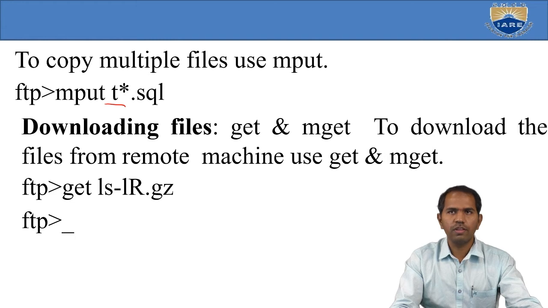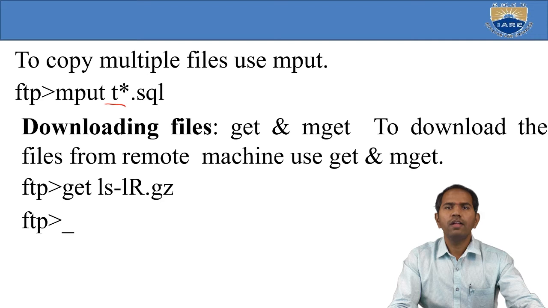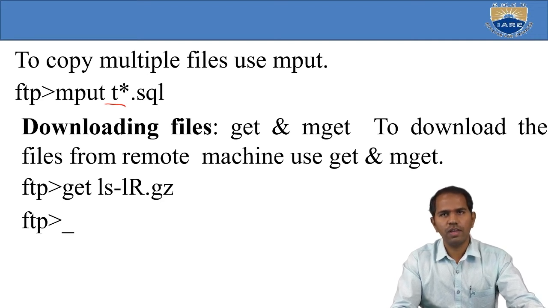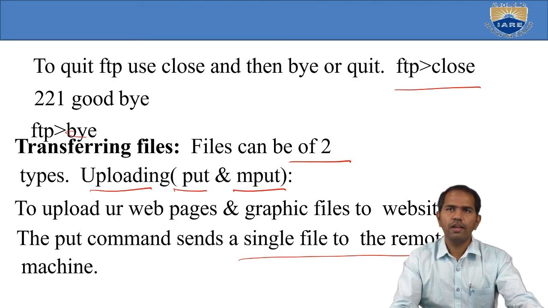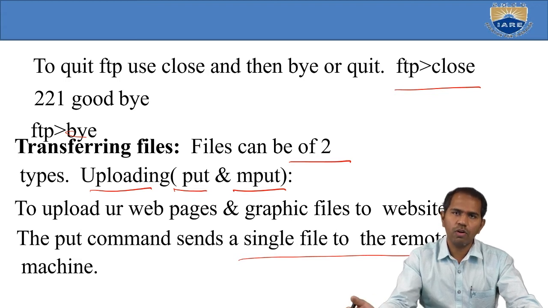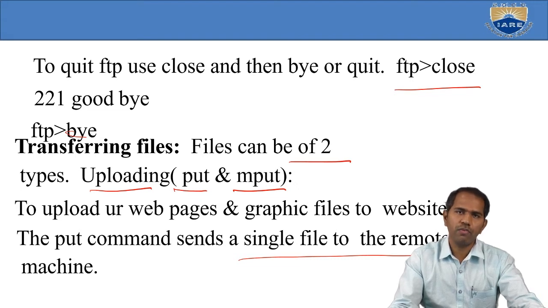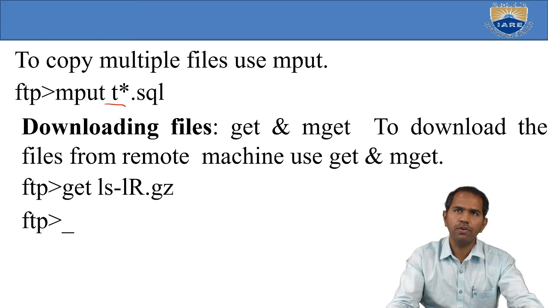In the command t*.sql, the name starts with T and the extension is SQL, so all SQL files with names starting with T are transferred from the source machine to the remote machine. So we have seen put and mput for uploading files in network file transfer. For a single file, use put; for n number of files, use mput. The star indicates n number of files starting with T, dot SQL.